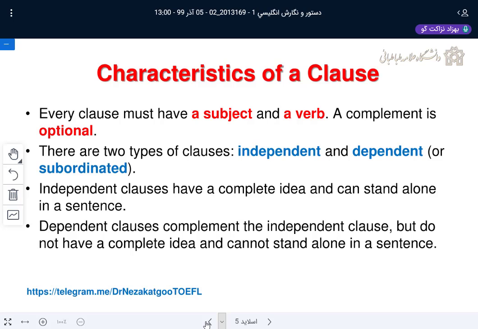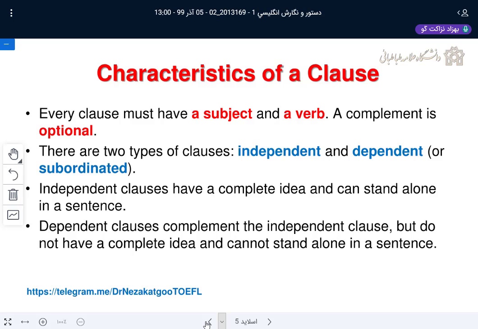Clauses are either dependent or independent. When they are dependent, we call them subordinate, because they are under the order of the main clause. Independent clauses have a complete idea and can stand alone as a complete thought, but dependent clauses complement the independent clause.